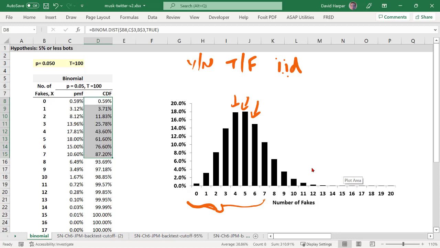So if we want any high confidence level, we're not going to reject 7 fakes out of a sample of 100.